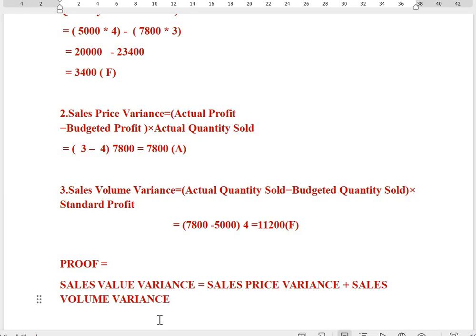Okay, now I'll just prove this result. Sales value variance 3,400 favorable equals sales price variance 7,800 adverse plus 11,200 favorable.